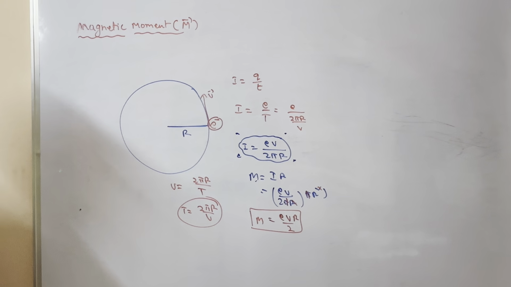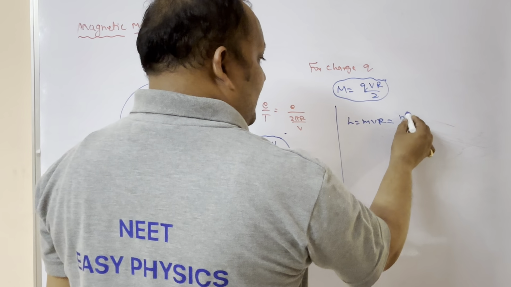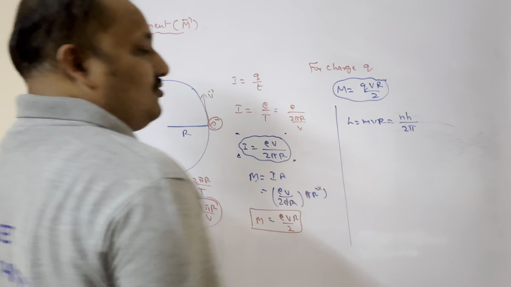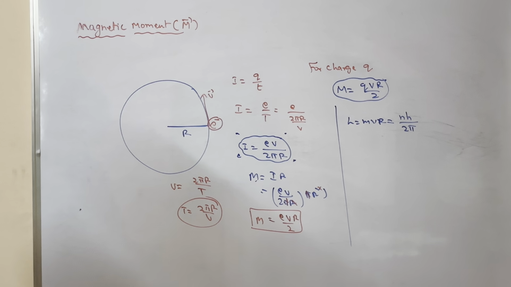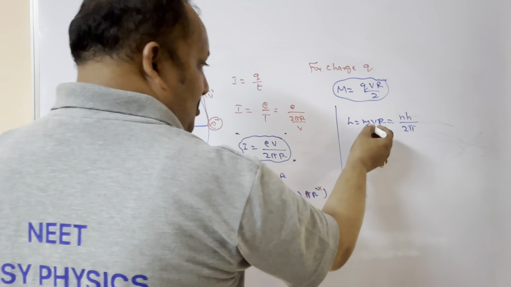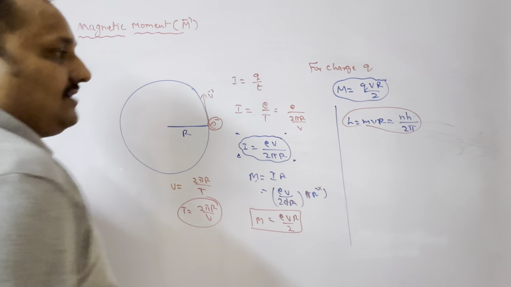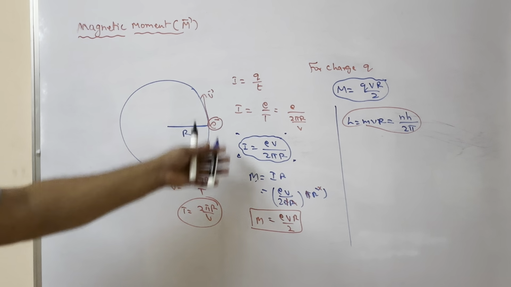The second Bohr postulate: whenever an electron or any object is revolving, angular momentum L is equal to mvr, which is equal to nh by 2 pi. The angular momentum of a revolving electron around the nucleus is always nh by 2 pi.